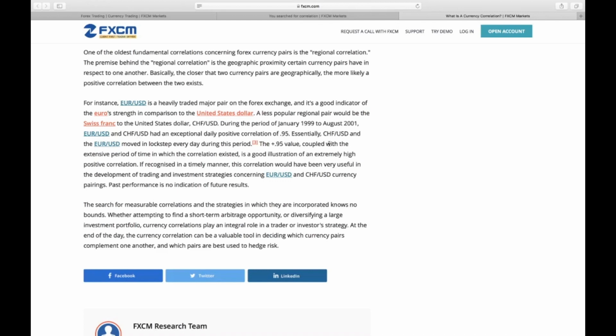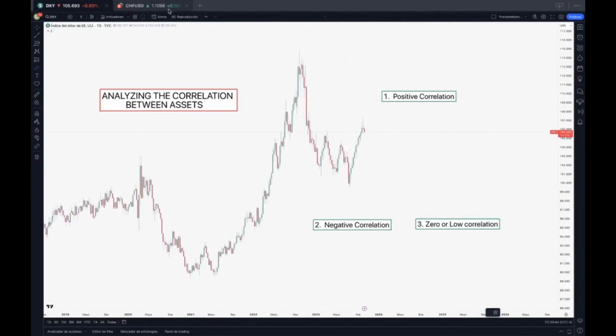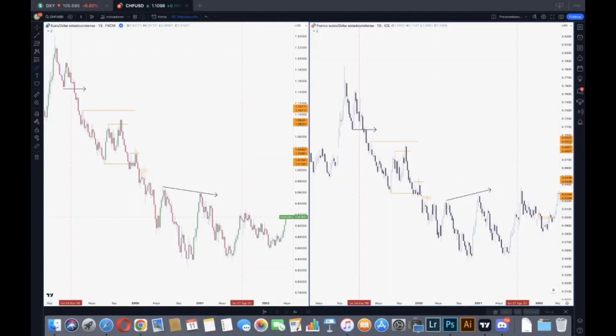So essentially, these two assets, these two currency pairs, moved in lockstep every day during this period. So I want to show you exactly those two during that period.